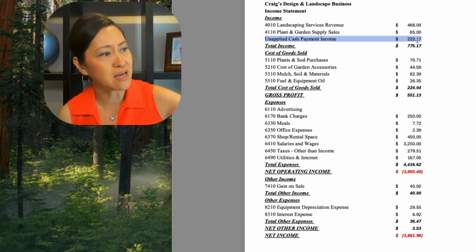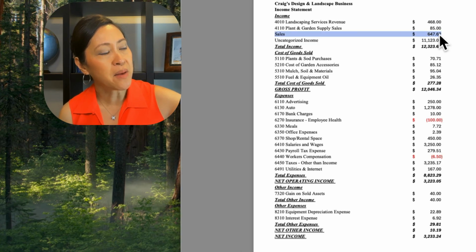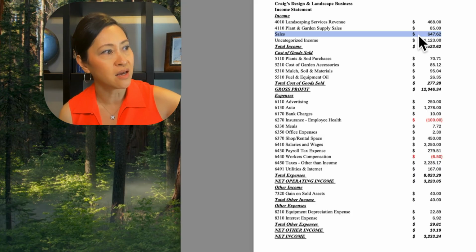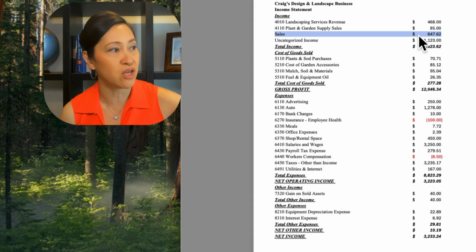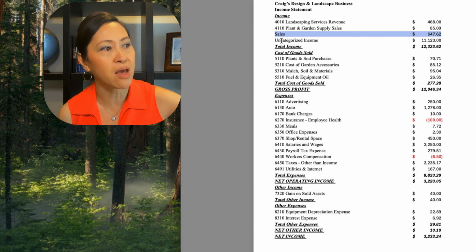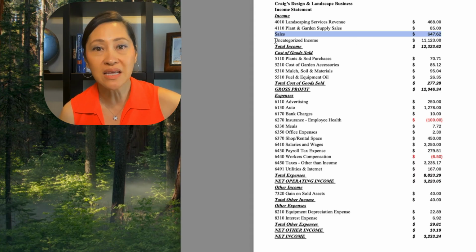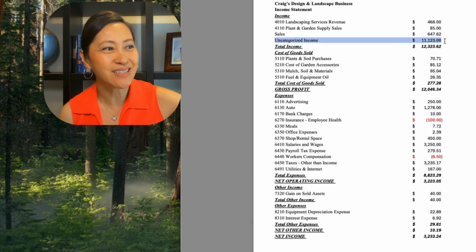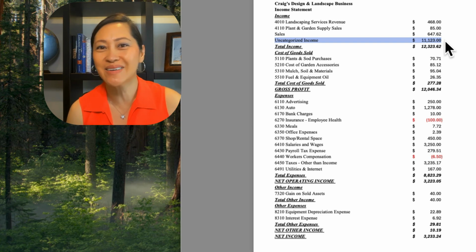Here's another income statement. This income account, currently labeled just sales, is too broad. We should give it a more specific name like installation revenue or something that clearly describes what it's for. It also needs an account number. And just like with uncategorized expenses, I'm also allergic to uncategorized income.